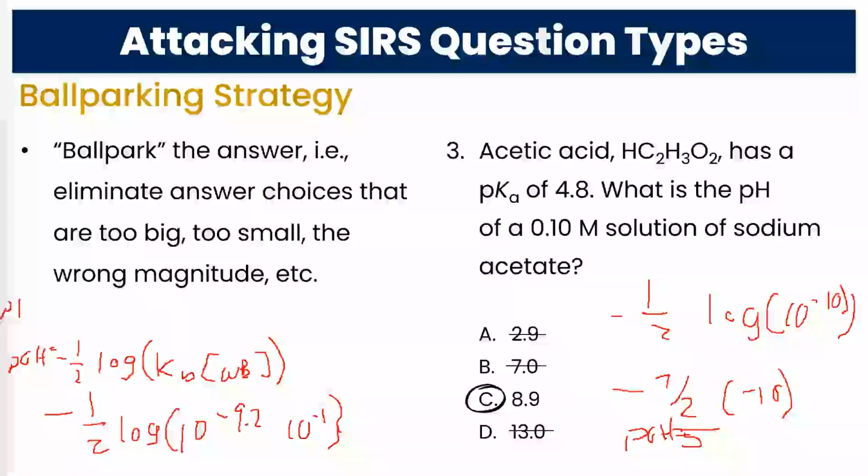These two equations I would add into your equation list to know. pH of a weak acid is negative 1/2 the log of the Ka times the weak acid concentration. pOH of a weak base is negative 1/2 the log of Kb times the weak base concentration. And what these are is basically an already solved out version of an ICE table.